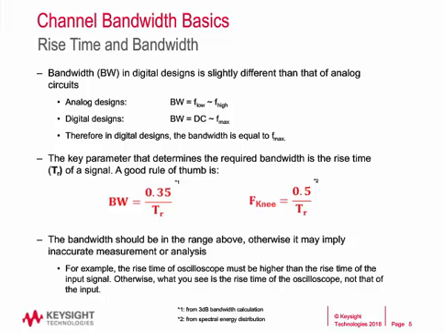To determine the required bandwidth, one of the two useful rules of thumb is typically used, shown here, with a known signal rise time. From the 3 dB bandwidth perspective, you can use bandwidth equal to 0.35 divided by rise time, or from the spectral energy distribution perspective, you can use the knee frequency, which is equal to 0.5 divided by the rise time.